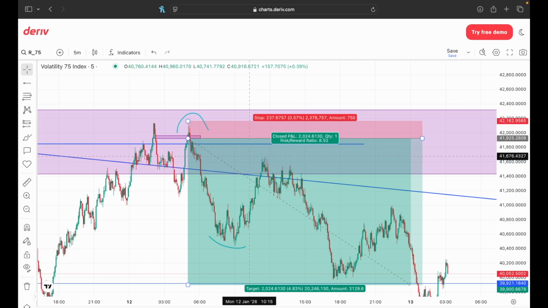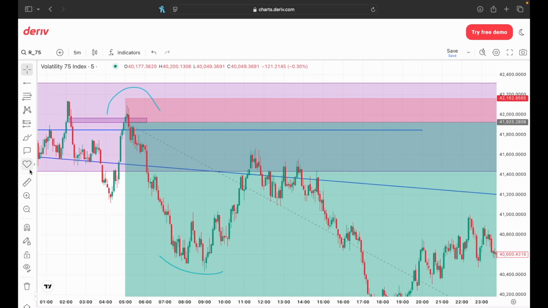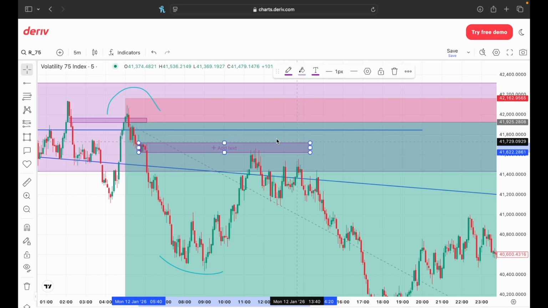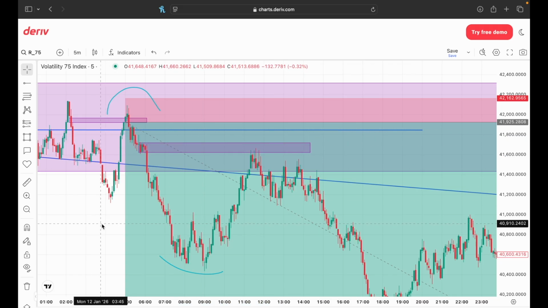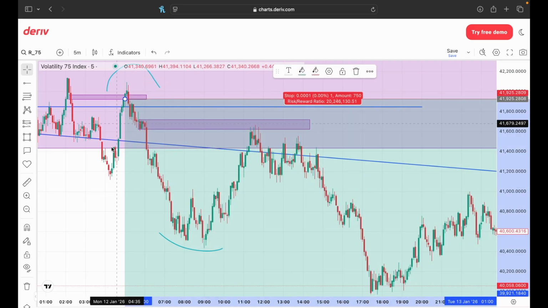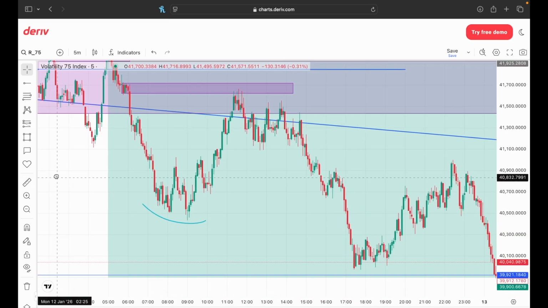But as always, if you look left, which is key, we have a nice little 5-minute order block right here. Now remember, I stated that the 5 minutes is where I take my entries. So I'm like, okay, my stops are in profit, so I'm risk free on this trade. Why not take the risk?